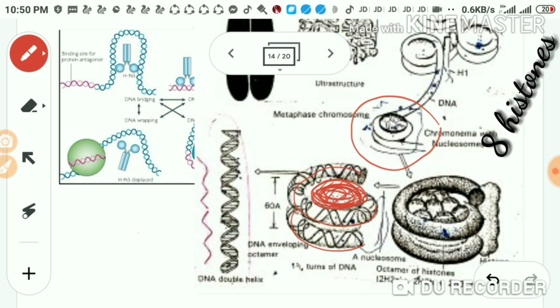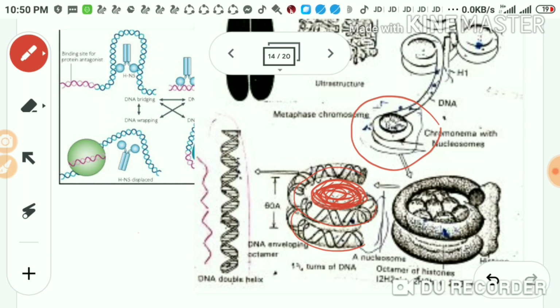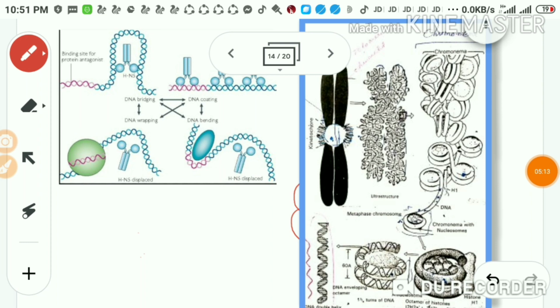Around that octamer, the double-stranded DNA undergoes coiling. Why does this DNA undergo coiling? It is mainly to pack and order the DNA in a systematic way. So each nucleosome is an octamer of histones wrapped by the DNA double helix.